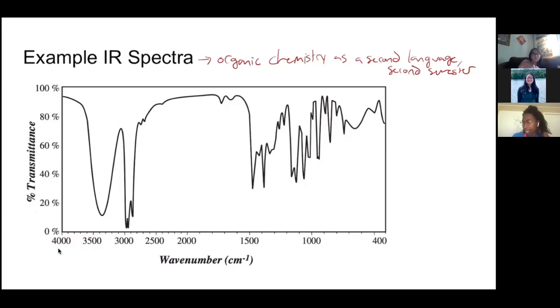From about 1600 wave numbers to 400 wave numbers is called the fingerprint region. About right like that. That is the fingerprint region. This is where bends in bonds are recorded.